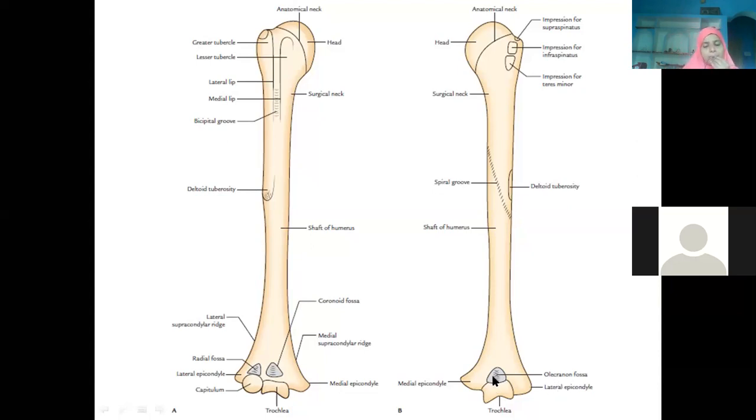The olecranon process comes and fixes in the olecranon fossa when the elbow is extended. These fossae are occupied when the elbow is flexed, whereas when we are extending, the olecranon process of the ulna comes and rests in the olecranon fossa. These we are going to discuss again when we do the elbow joint.